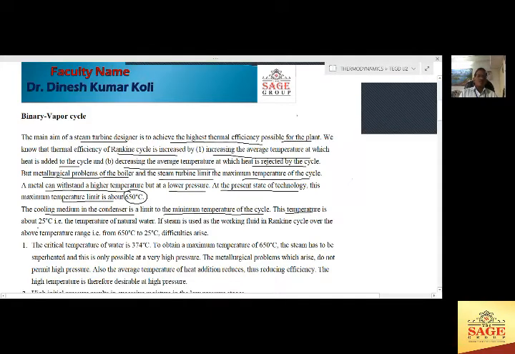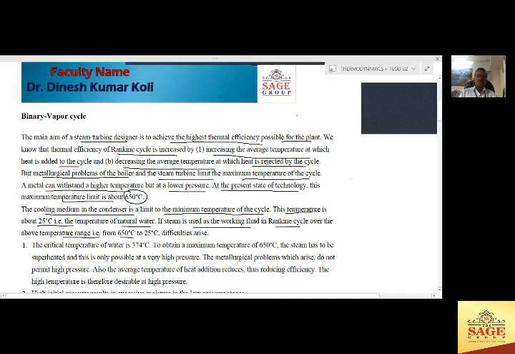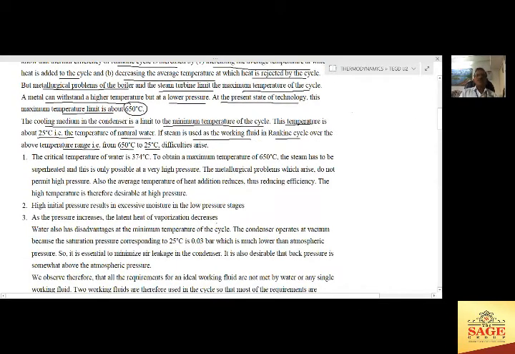This temperature is about 25 degrees centigrade, of natural water. Now, if steam is used as the working fluid in the Rankine cycle over this temperature range, that is, a maximum temperature of 650 degrees centigrade and a minimum temperature of 25 degrees centigrade, then some difficulties arise.